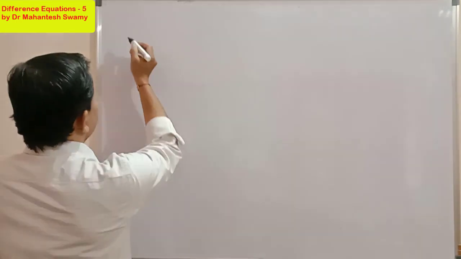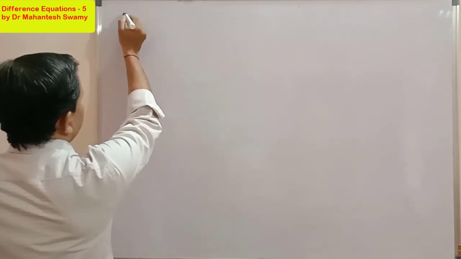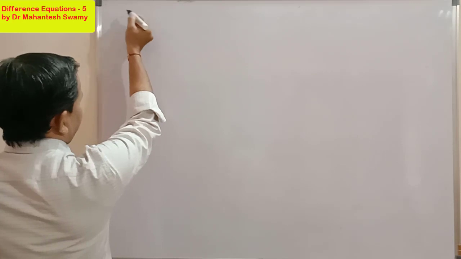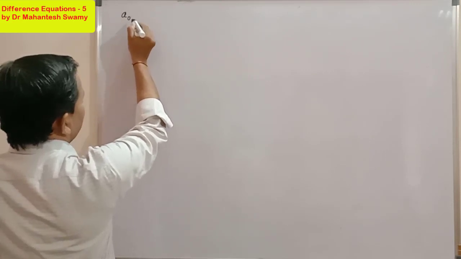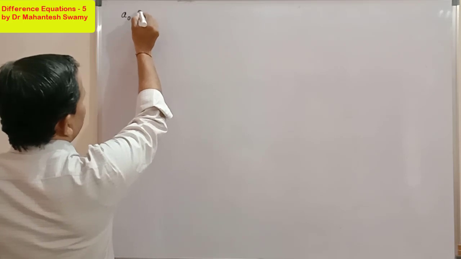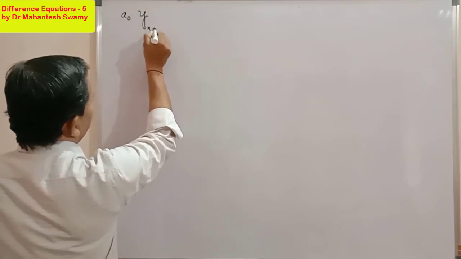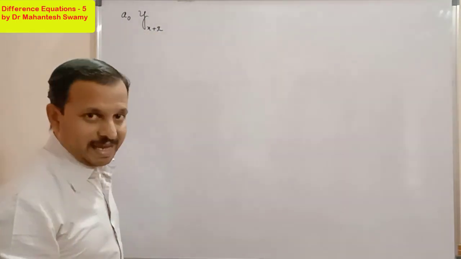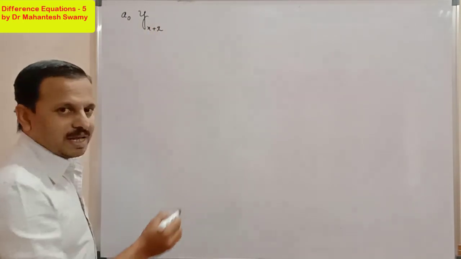So what is the non-homogeneous difference equation? For example, if we consider the second order difference equation which is non-homogeneous, it will look like a naught into y x plus 2, if the independent variable is x, either it is x or k, whatever it may be. Here I am taking it as x.